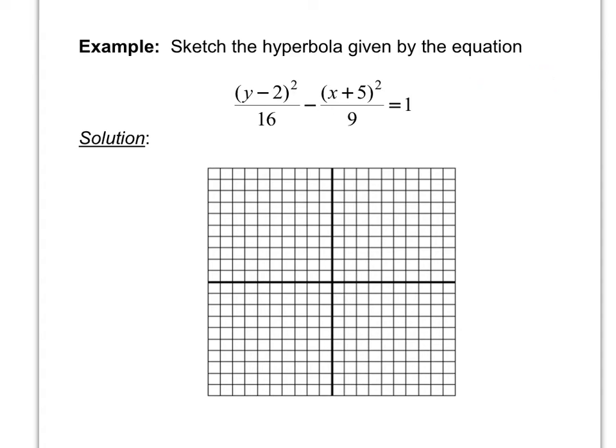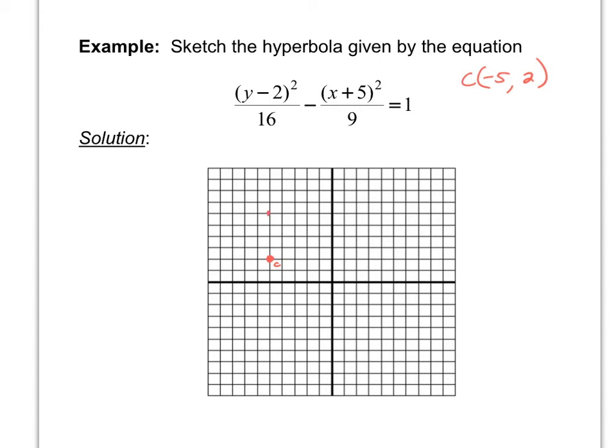So I need to erase that and remember that when I write the center, make sure that the x coordinate is the number that's in the parentheses with the x. So the x coordinate is -5. The y coordinate is a +2. So -5, +2, there's my center.